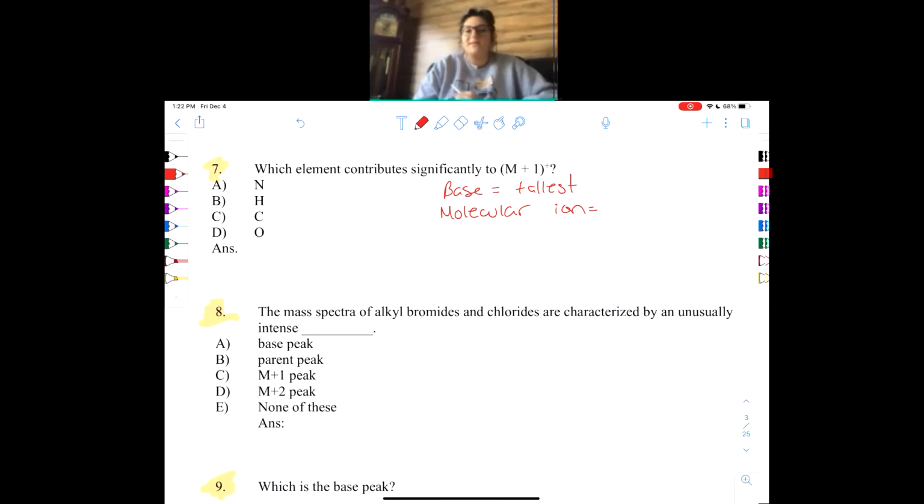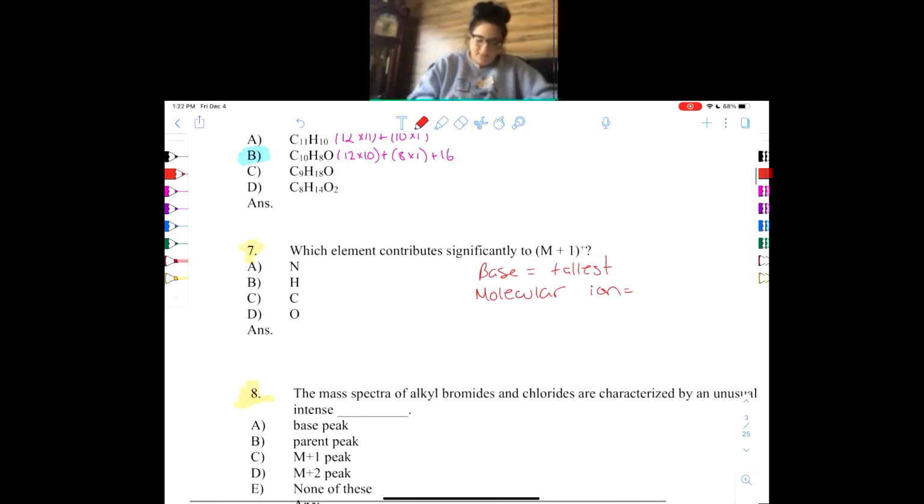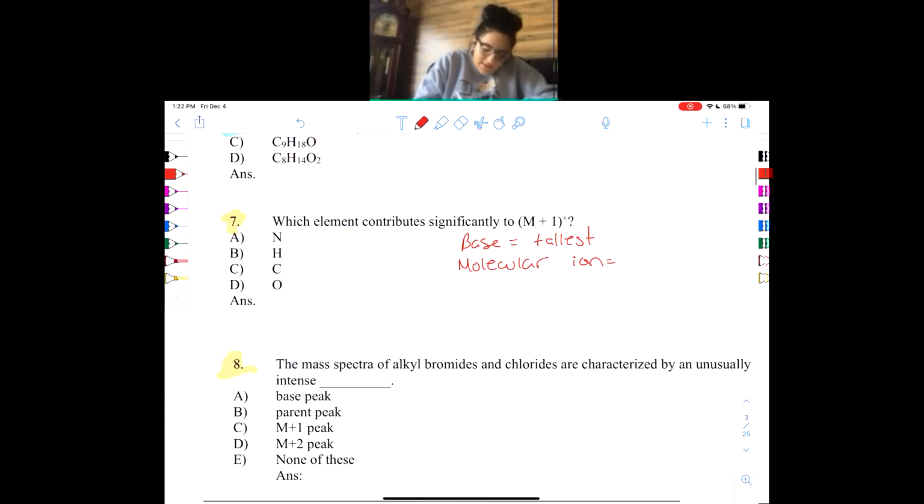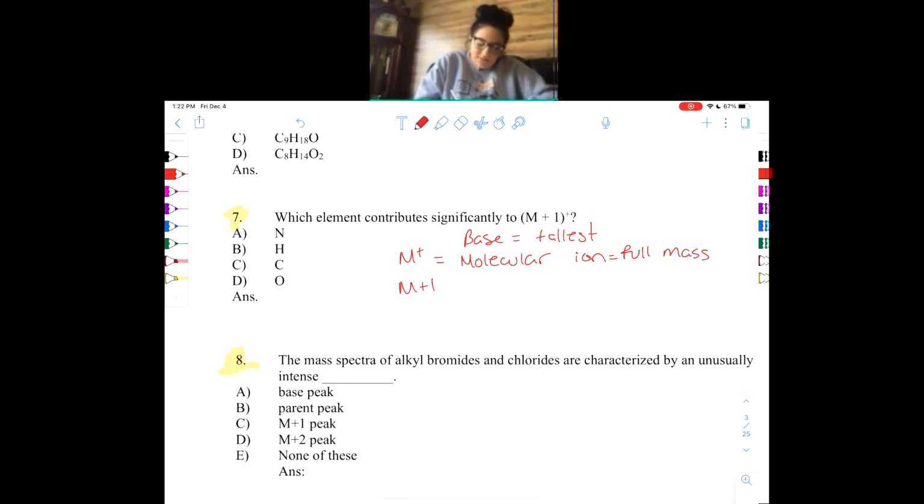It is the molecular weight, but what's another name for it? It is the M+, exactly, which is the molecular ion, which is the full mass. Sweet. So M+1 versus M+2. I think M+2 might be a little bit easier to remember.